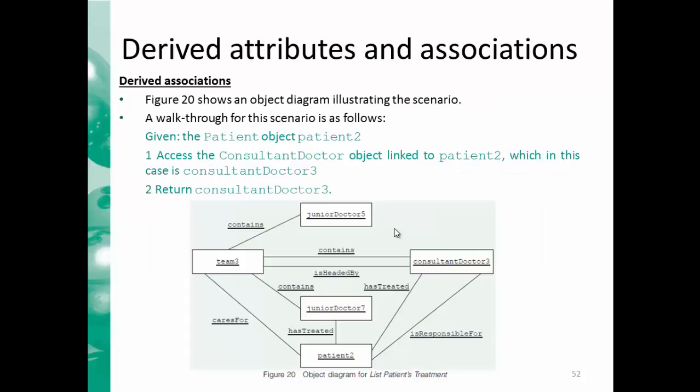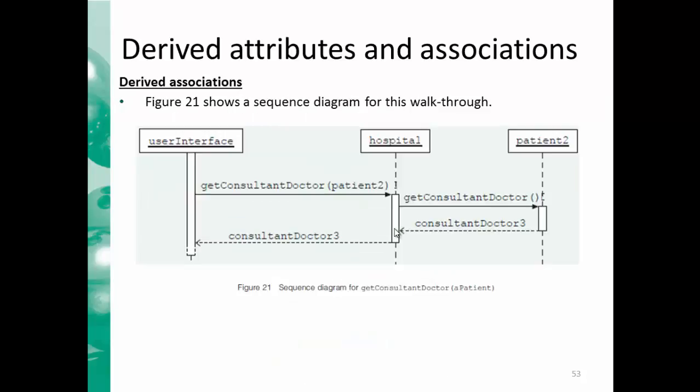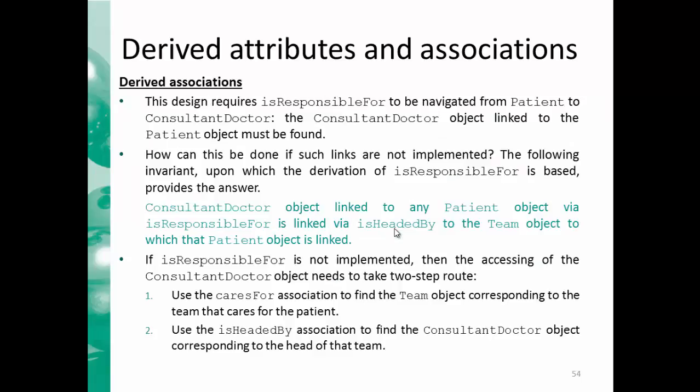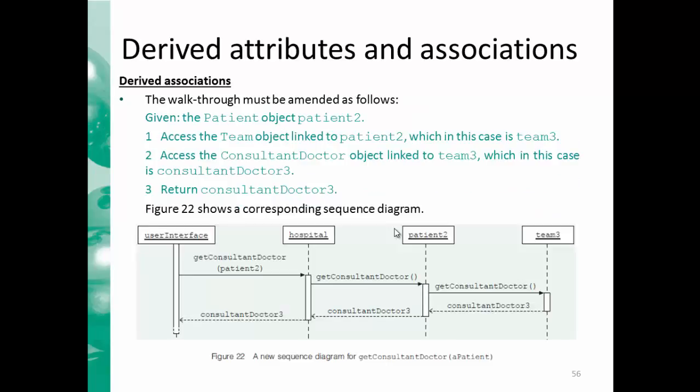So if is responsible for in this diagram is not implemented, then this sequence diagram will not work. What we do is implement that link, and we'll have this kind of situation. Now patient 2 can communicate with its team 3 in this case and get who is the consultant doctor for team 3, because the consultant doctor for team 3 is the consultant doctor responsible for taking care of patient 2.